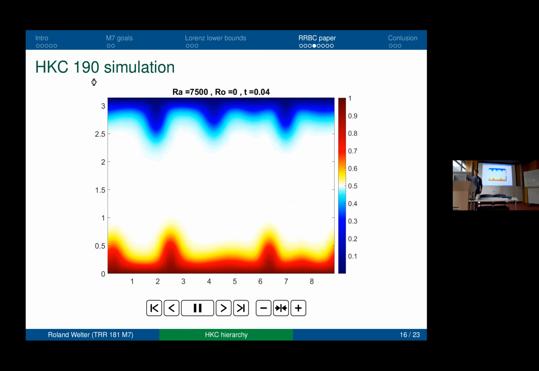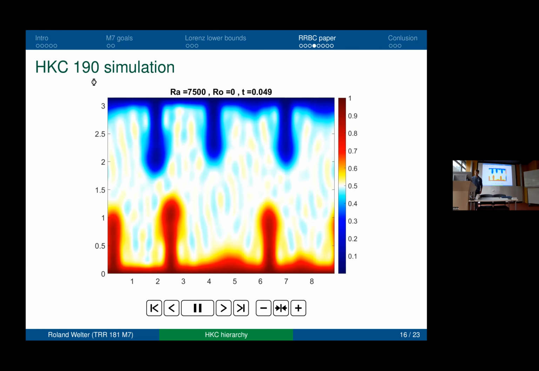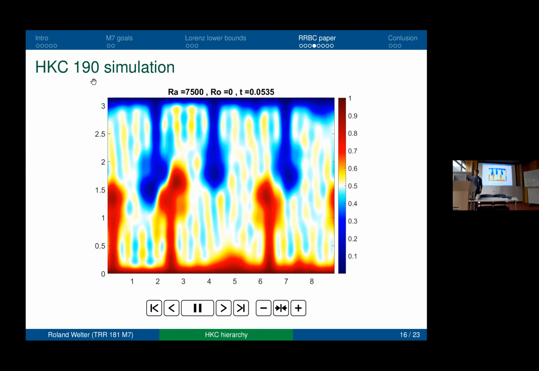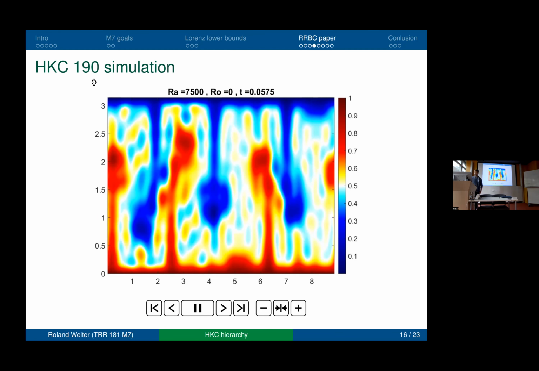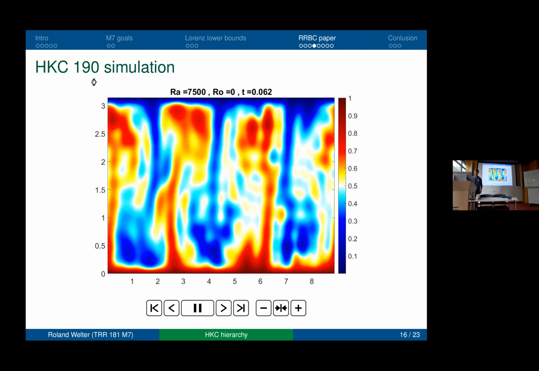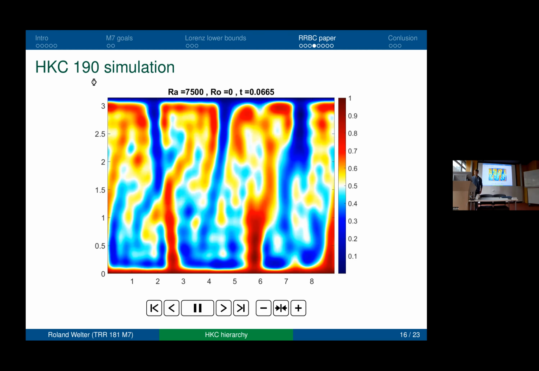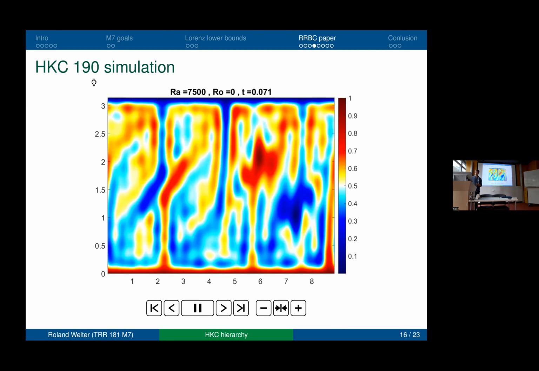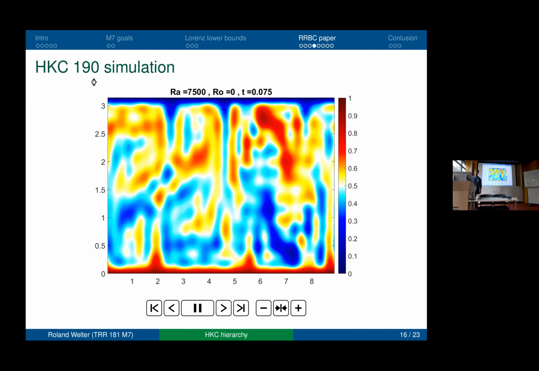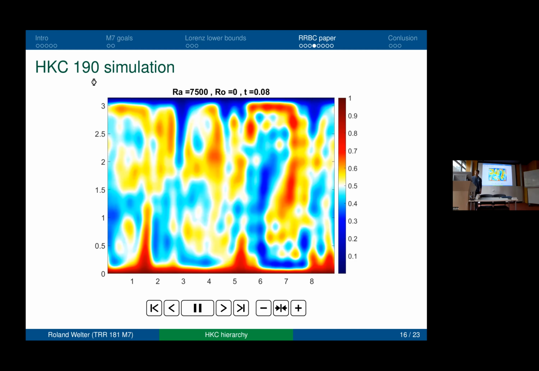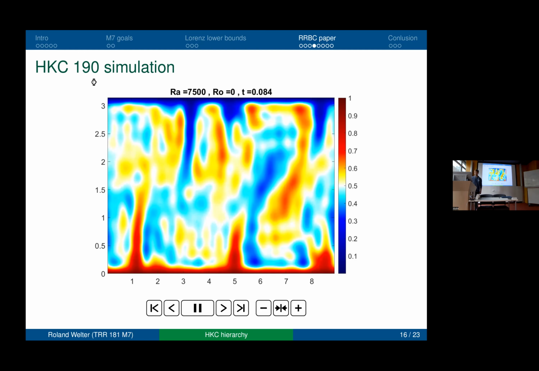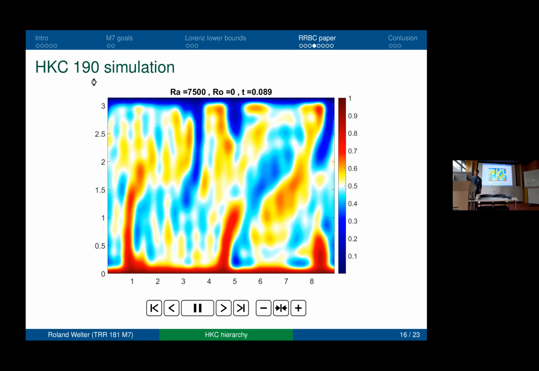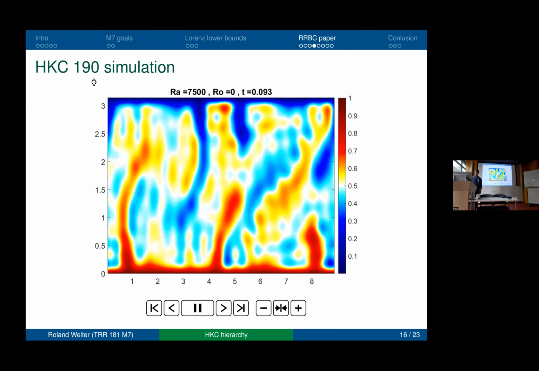I guess sorry about this, but I think running Zoom and this large PDF at the same time slowed down my computer. But yeah, so we can see that this has some nice fluid behavior and can represent some turbulence.